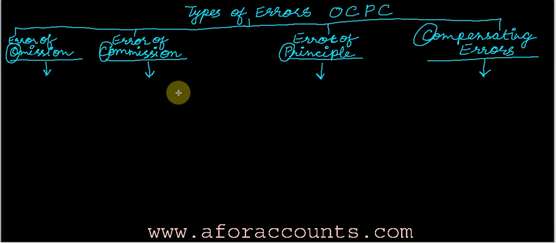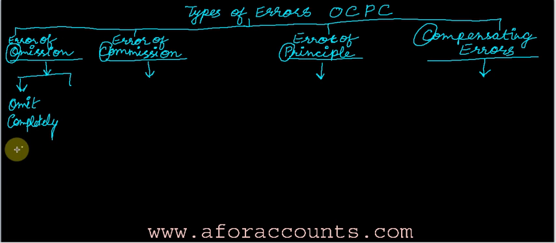Error of omission. There can be two types of error of omission. The first type is omitting an entry completely. When you omit an entire entry, what will happen?